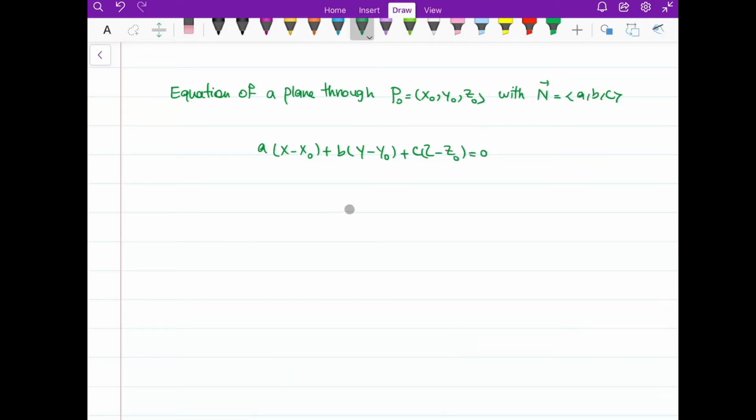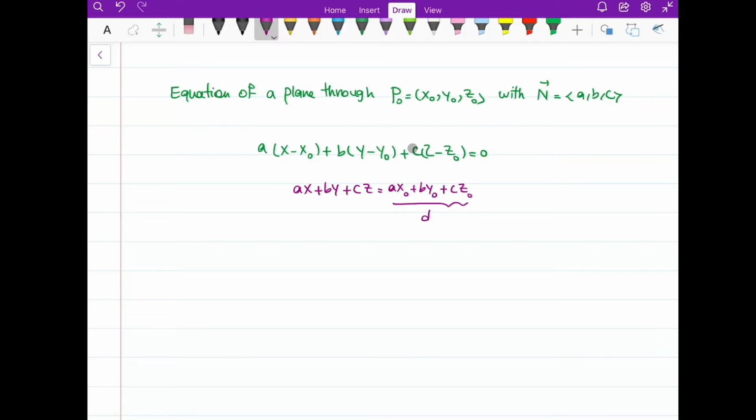If you simplify that, we get ax plus by plus cz equals ax0 plus by0 plus cz0, and this is just the number d. We usually use that one.